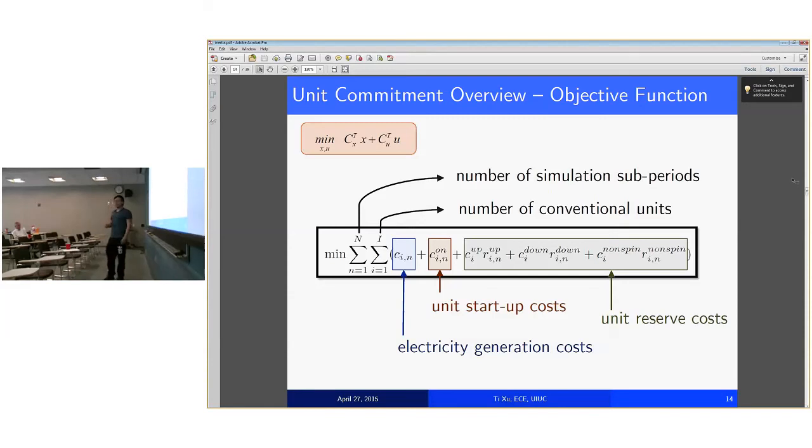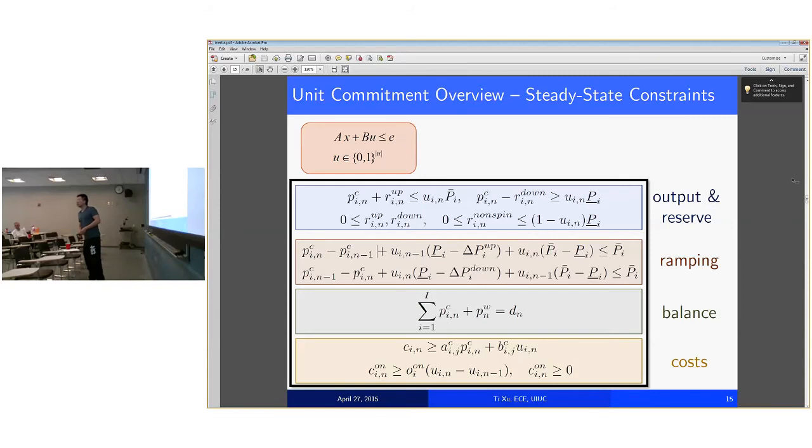So if I use an hourly time resolution, the N is 24 for each day, and the I is the number of conventional units I have. I do not consider the generation cost for the wind farm. I do not consider any cost associated with the storage operation. So are those the offers that the units would provide to the system? Yes, it's all.